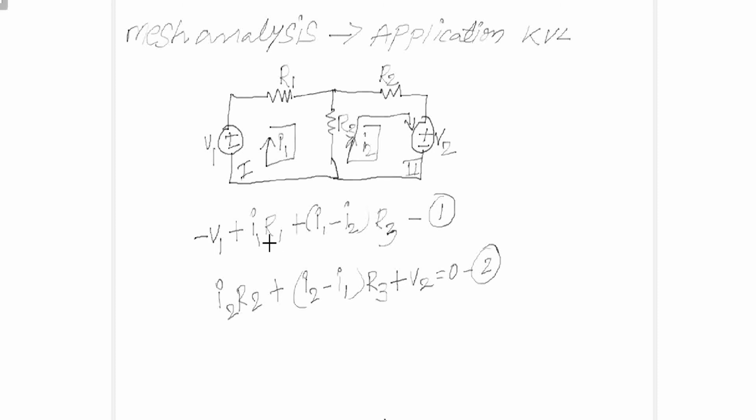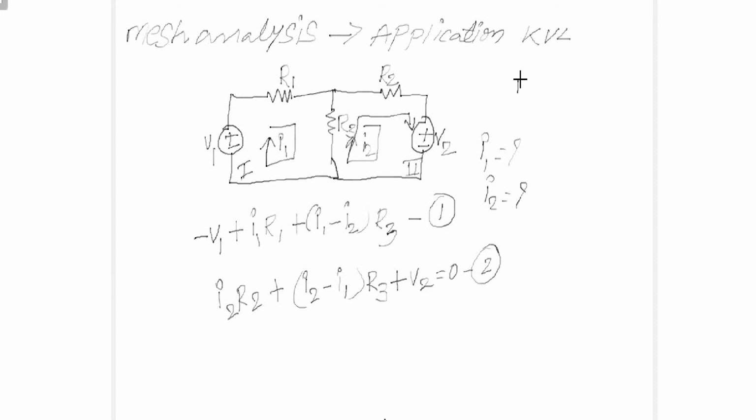If you solve these two equations, you will get your I1 value and I2 value. This is the main intention of mesh analysis, to find I1 and I2. If you know I1, it is possible to find the voltage drop across R1. How to find the voltage drop across R1?